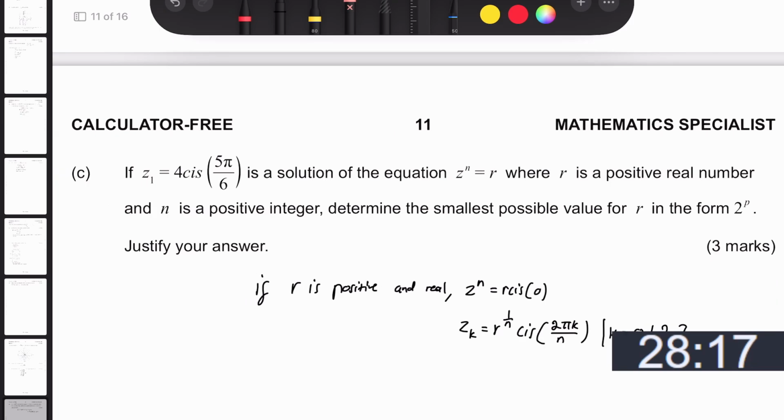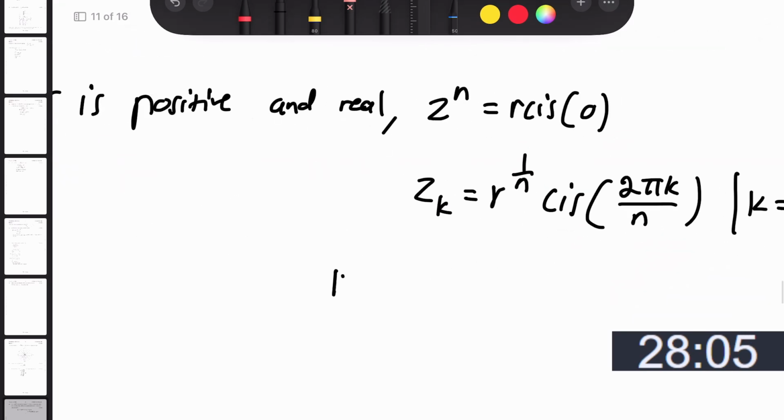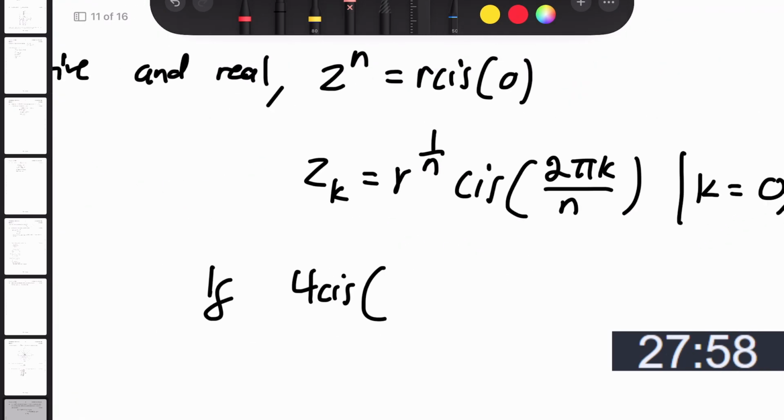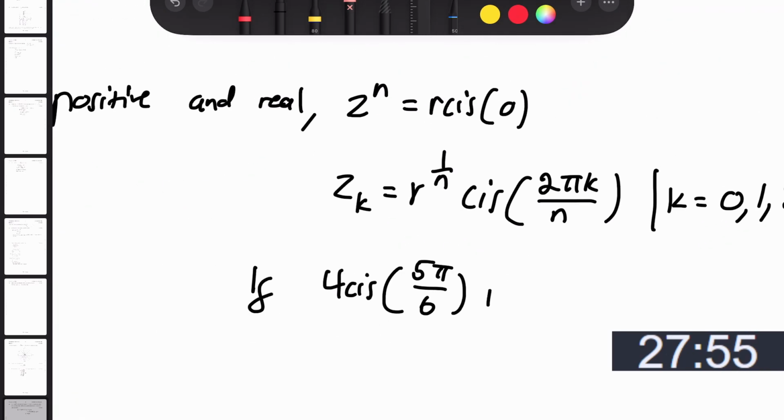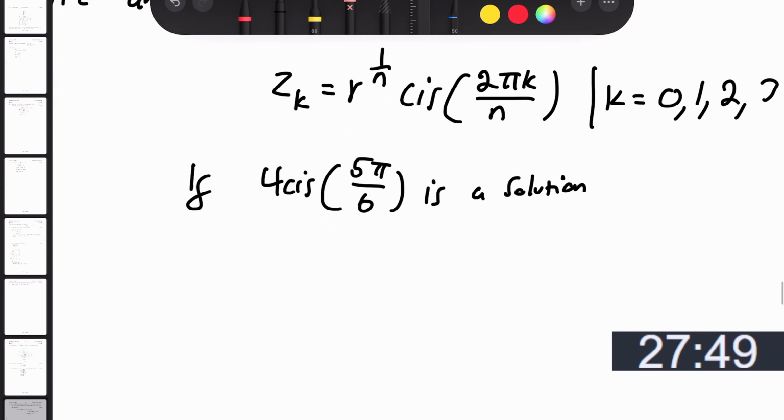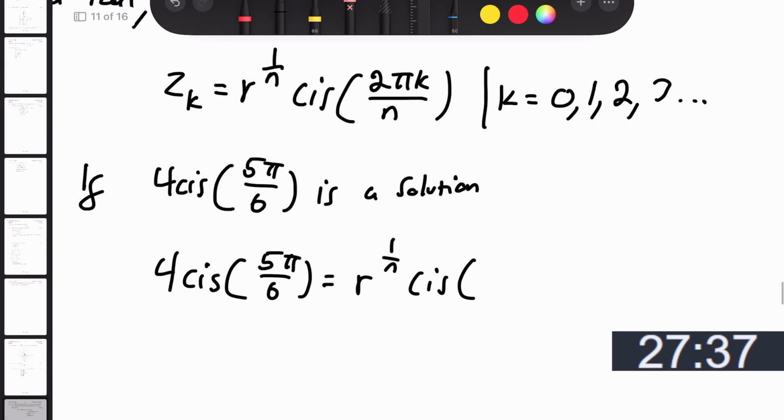Now if 4 cis of 5 pi on 6 is a solution to the equation, then we have that 4 cis of 5 pi on 6 must equal some r to the 1 on n cis of 2 pi k on n.